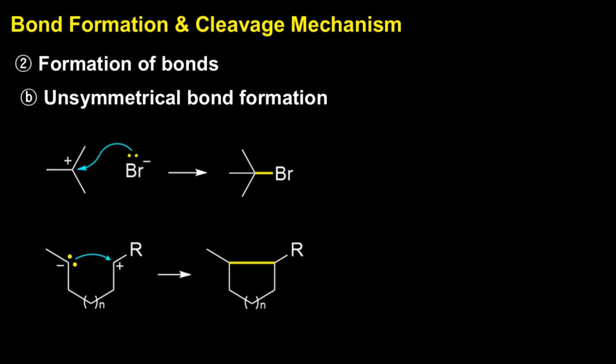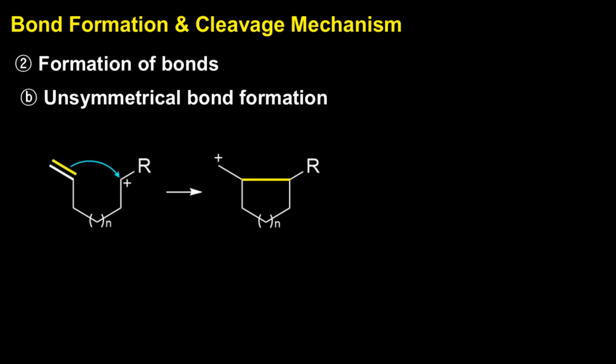One of the clearest examples of unsymmetrical sigma bond formation is when a nucleophile reacts with a carbocation. The nucleophile, which has extra electrons, donates a full pair to the electron-deficient carbocation, and that forms a new sigma bond. If you look at the reaction diagram, you'll see a curved arrow showing that electron movement. It's basically an electron handshake.